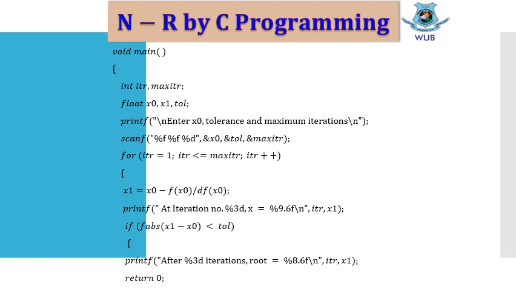Then we have to find the value from the Newton-Raphson equation, which is x1 equals x naught minus f of x naught divided by the differentiation of f at x naught. Now we get the value of x1, and we check whether the absolute value of x1 minus x0 is less than tolerance. If not, then we do the swap. Otherwise, we display the desired result.